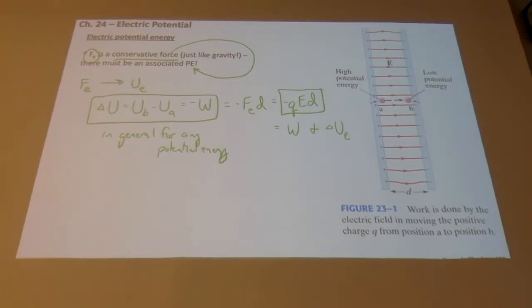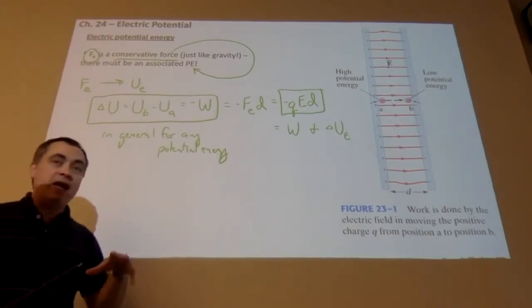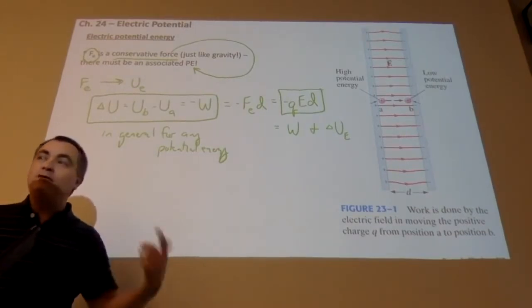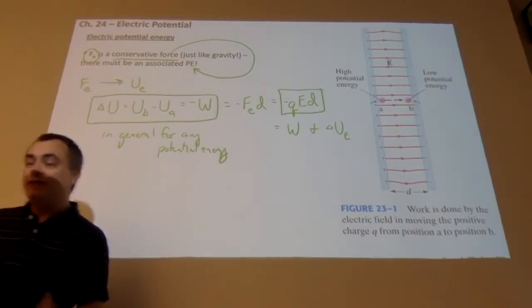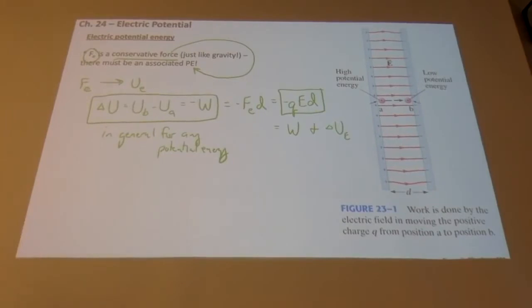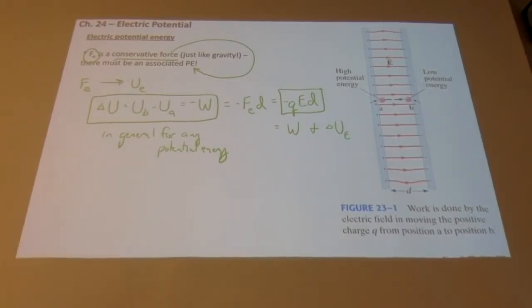If it starts at this point and gets pulled by the gravitational force downward, as it goes lower and lower, that force is doing positive work on the mass and the amount of potential energy is decreasing until we get to the floor and there's no potential energy left because it can't fall any further.